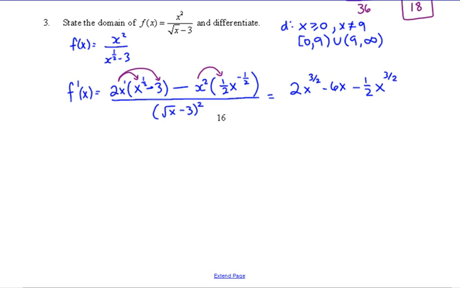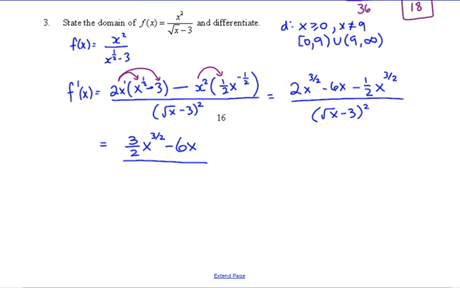Cool. That's cool. Why is that cool? Like terms, yes. All right, what's 2 minus 1/2? Again, we just did that. 2 minus 1/2 is 3 over 2, all over root x minus 3.